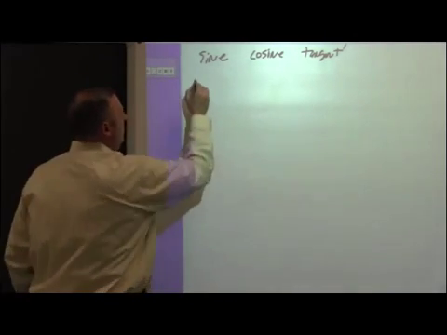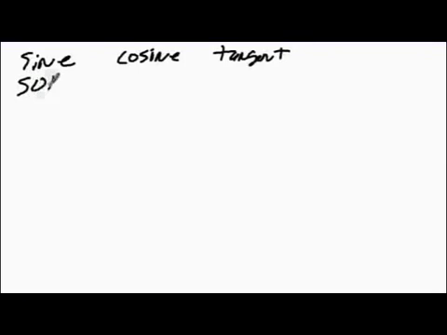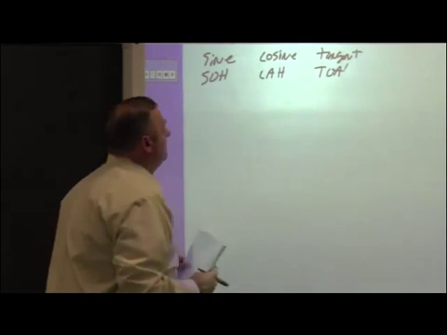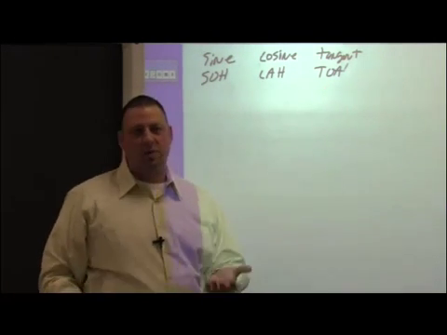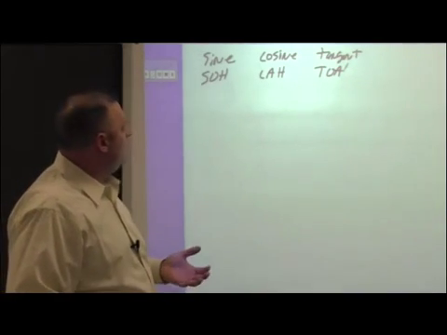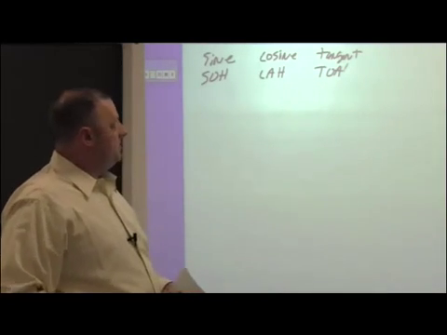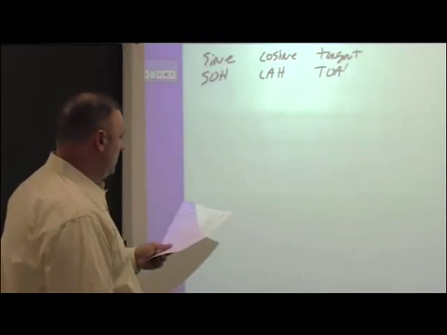So I'm just going to write SOH for that, and I'm going to explain what that means in a minute. Cosine is CAH, and tangent is TOA. So SOH CAH TOA. That's what most people will show you in any geometry class as a way to remember the relationship of these three trig ratios.